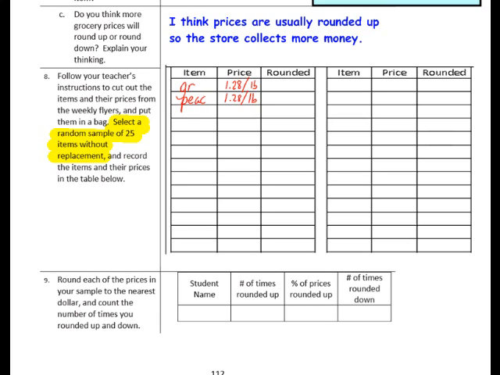Our next item is melons, and the price is $1.69 per pound. Our next item is tomatoes, and they are $1.49 per pound. Next, we have shredded cheese, and a package is $1.88.